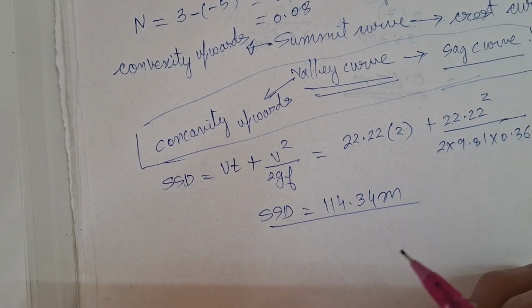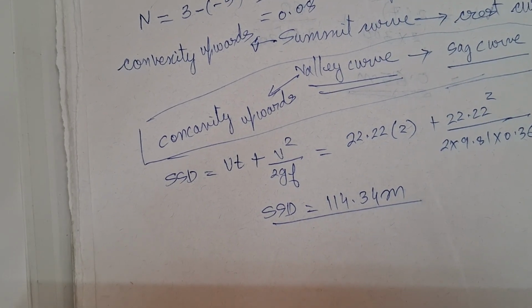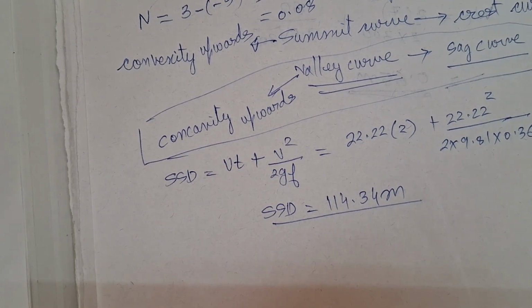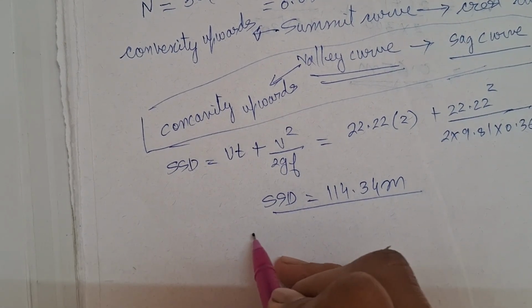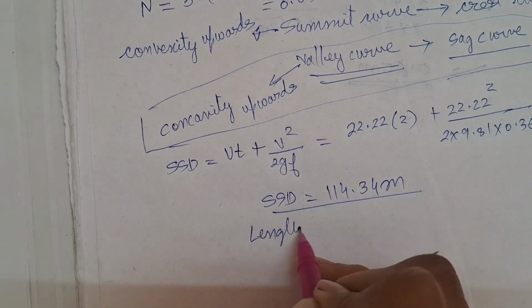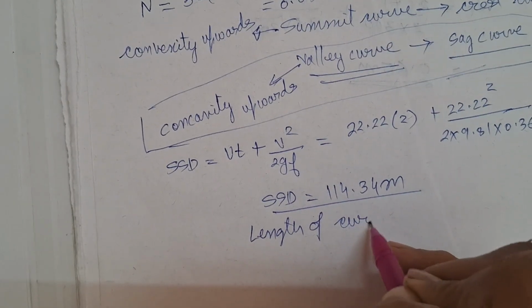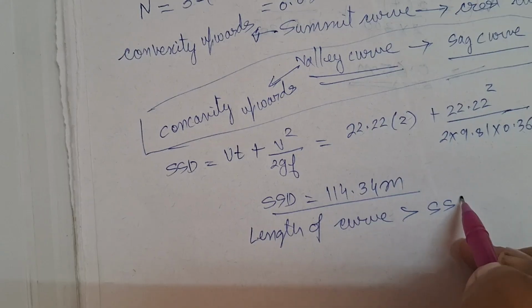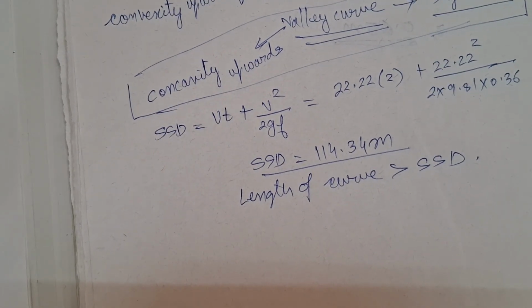Now they have given the assumption that stopping sight distance gets compensated on the gradient. It means we are assuming that the length of curve is greater than SSD.